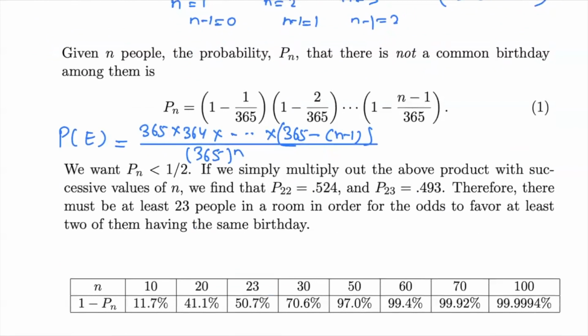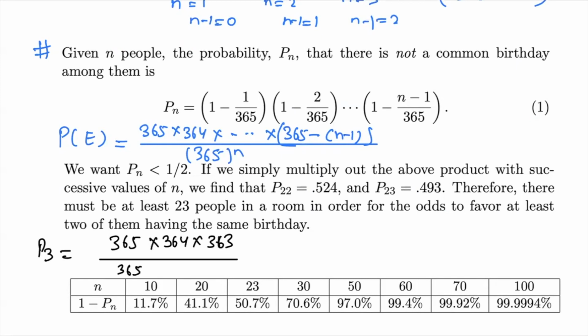You can write them in this format: P(n) equals 1 minus 1 over 365, 1 minus 2 upon 365, and so on. I'm not going to tell you the whole expression here, but I can solve one of them. If you take the case P3, you are having 365 multiplied by 364 multiplied by 363, like I discussed earlier, divided by 365 power 3. So actually you can write them like this.